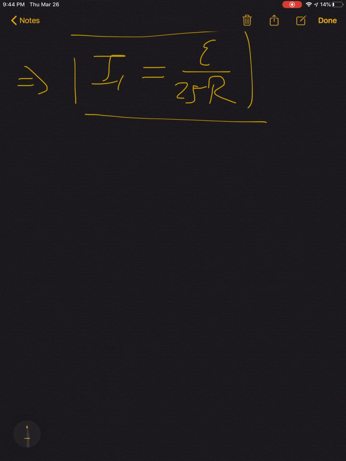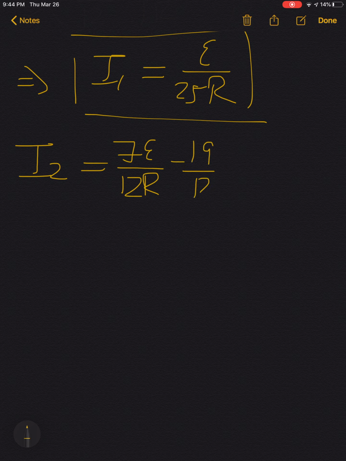So now we go back to what I2 was. And I2 as a function of I1, this is the equation that we derived just previous to this. This was 7E over 12R minus 19 over 12 I1. Now when you do this, this is 7 over 12. There's going to be a common factor, so I'm going to draw the parentheses.